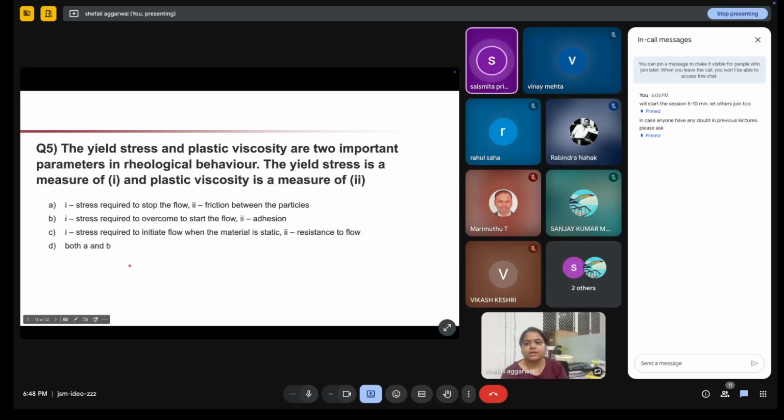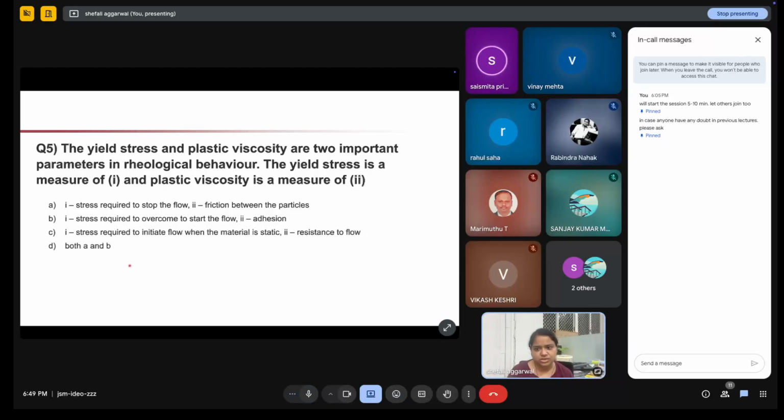Okay. Next question is, the yield stress and plastic viscosity are two important parameters in rheological behavior. The yield stress is a measure of, and plastic viscosity is a measure of. Just definition, direct.